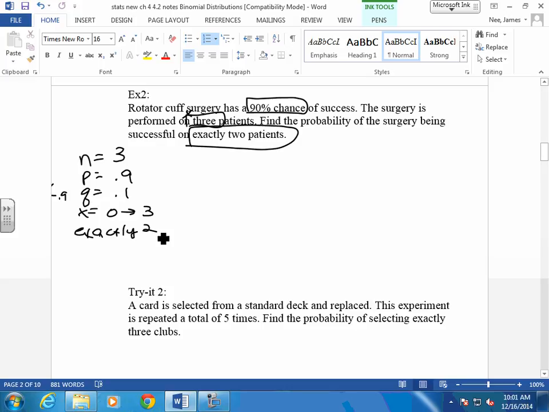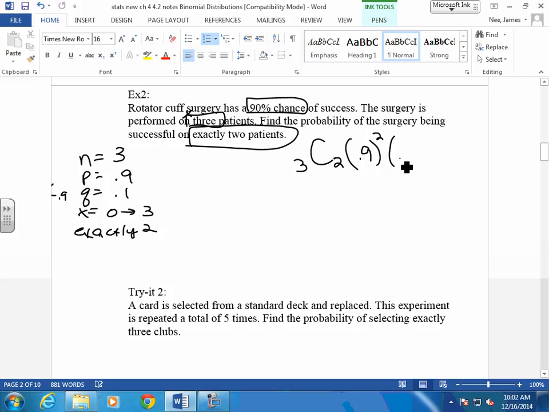Now, here's what you did in Algebra 2. Just watch the pattern. It's so much easier without their formulas. It doesn't matter what order your 2 patients come in. Combinations. We're going to do this 3 times. We want 2 successes. You always measure your success in life first. So your probability of success, 0.9, you want 2 of.